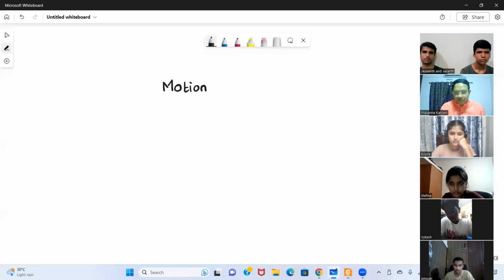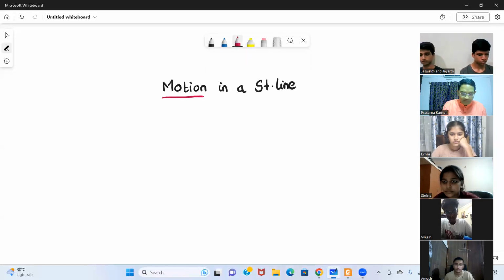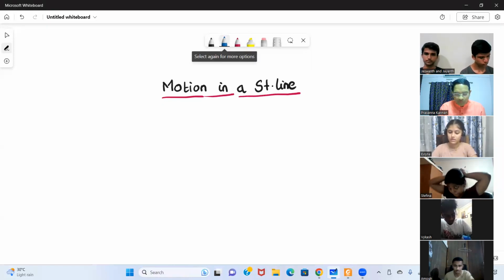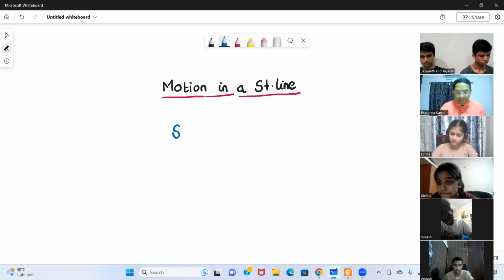So in the chapter which we have been dealing with, motion in a straight line or motion in one dimension, can we revisit some of the formulae, students? What is displacement? Could you tell me?